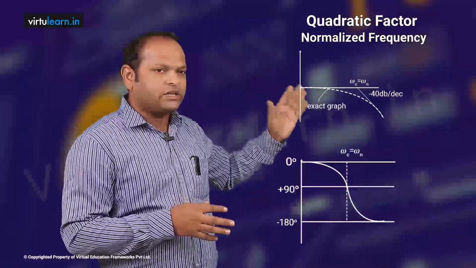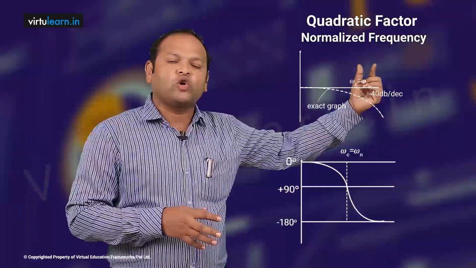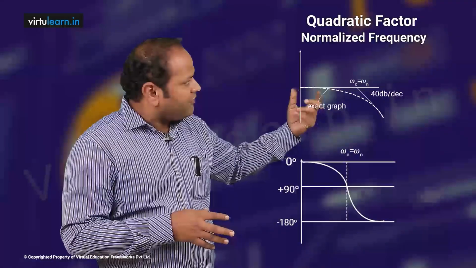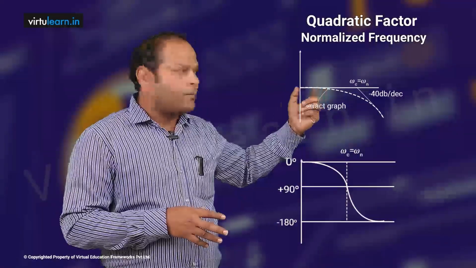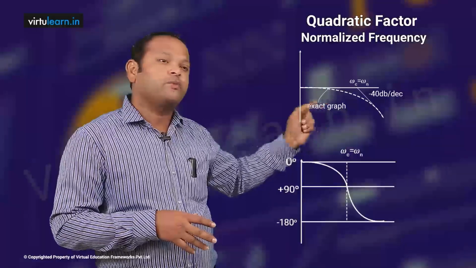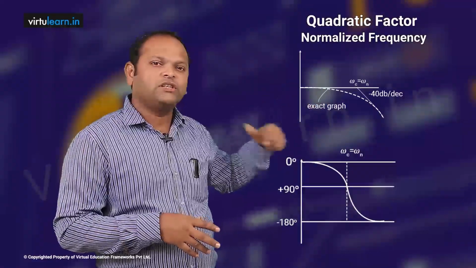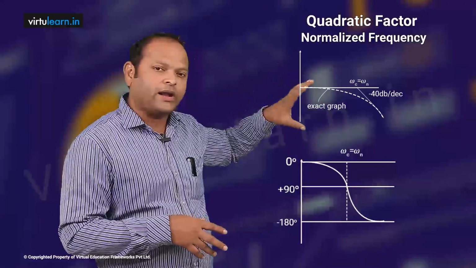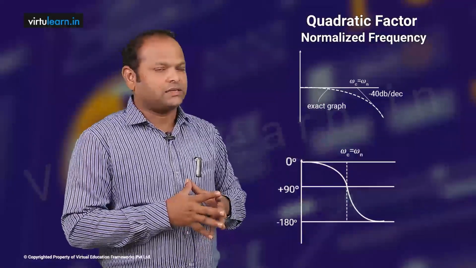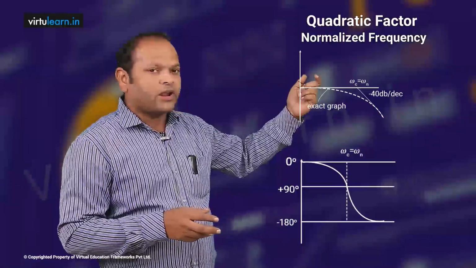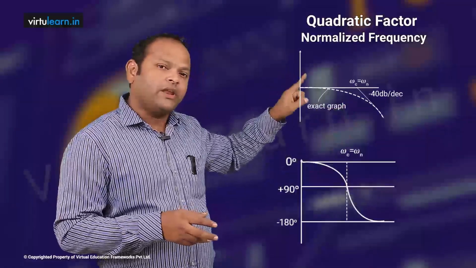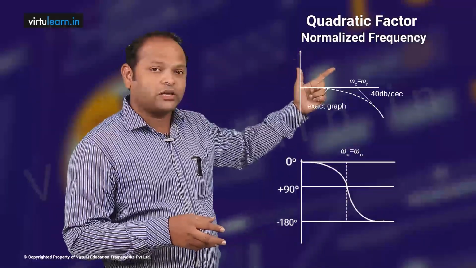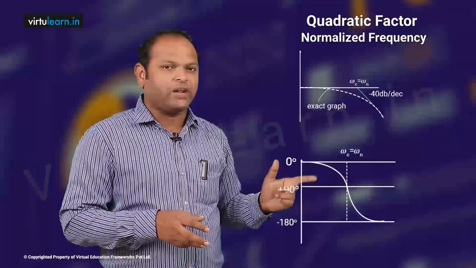Whenever you have K, what is the slope? 0 dB per decade. Whenever you have K into s power n, remember I have zeros. Zeros mean plus, because a zero appears in the numerator, and the numerator is taken as plus. Therefore, for K into s power n, we have plus. How many zeros are there? n zeros. For each zero, there is 20 dB per decade.